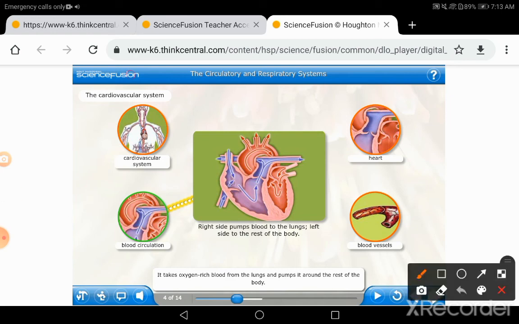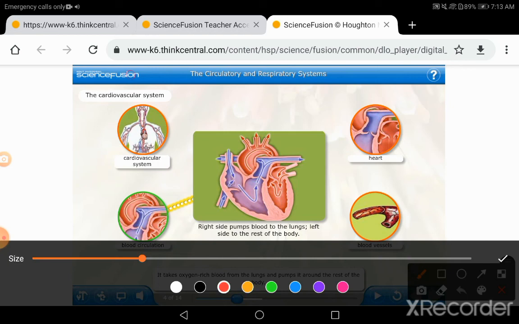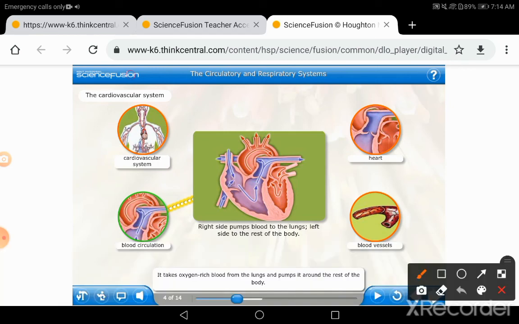Okay, so the heart, as we said before, is separated into two parts by a thick wall called septum. Now, we have the left side and the right side. Okay, now the left side takes oxygen-rich blood from the lungs and pumps it to the rest of the body.